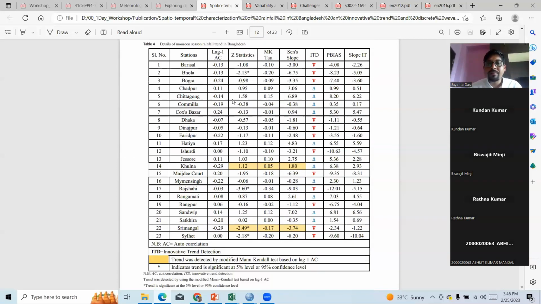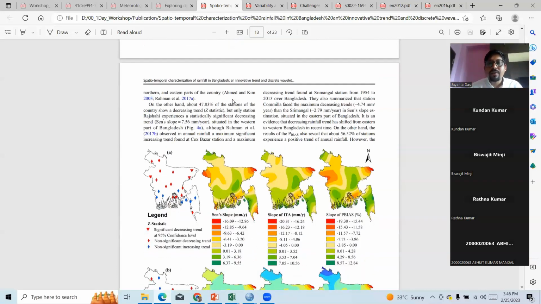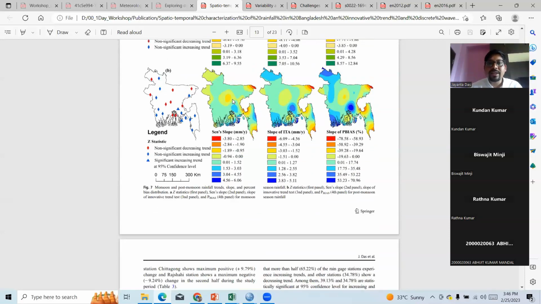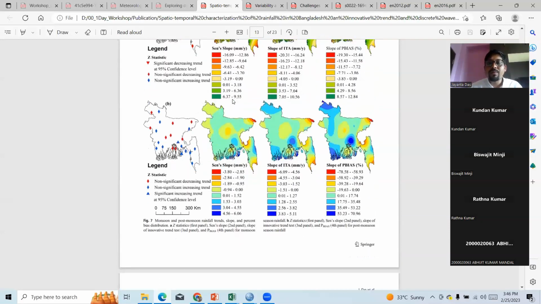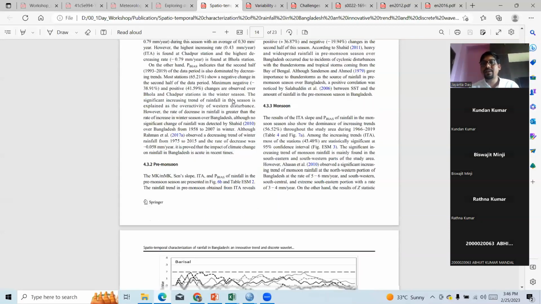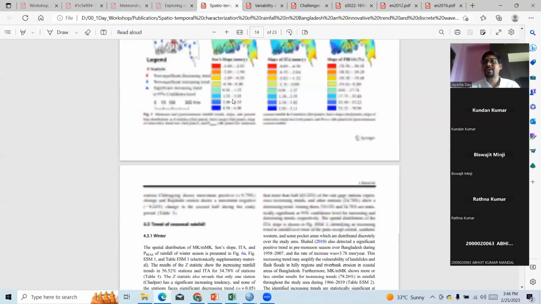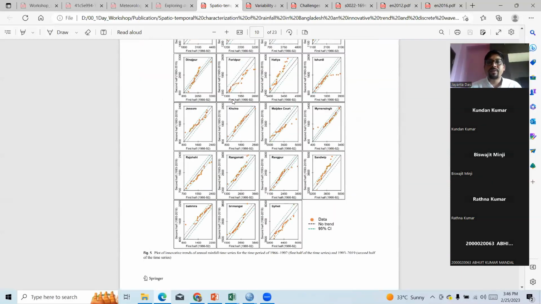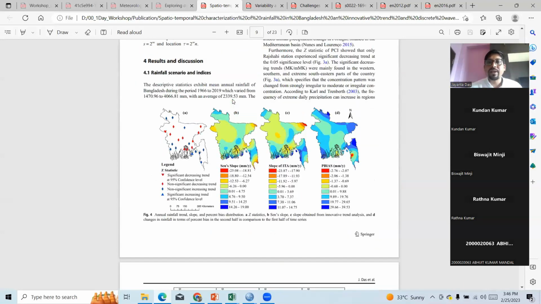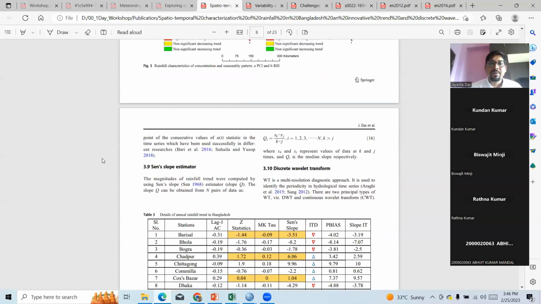No, maybe in another paper. I forget in which paper I have used this technique. Monotonic trend, non-monotonic trend, monotonic increasing, monotonic decreasing. Okay, I forget it, but we can use it.